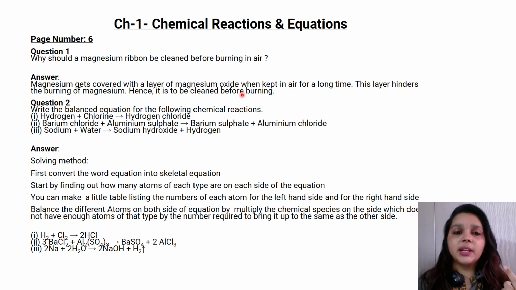Whenever magnesium oxide is present there, it hinders the further burning of magnesium. So whenever we are trying to burn a magnesium ribbon, we need to clean it, because oxidation must have happened and there would be a separate layer which prevents magnesium from burning.